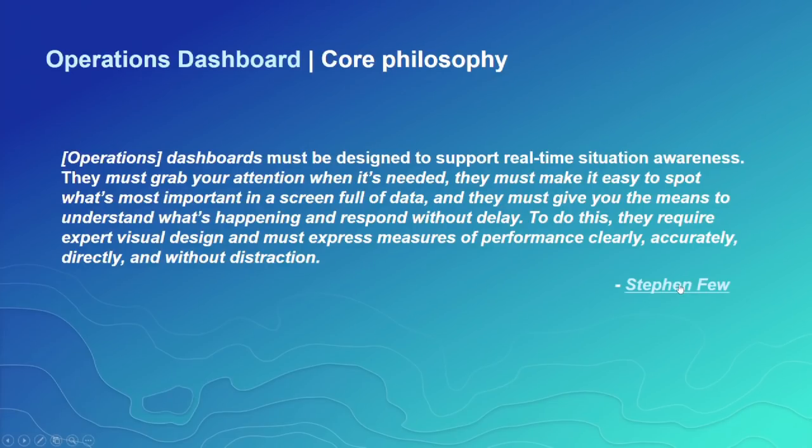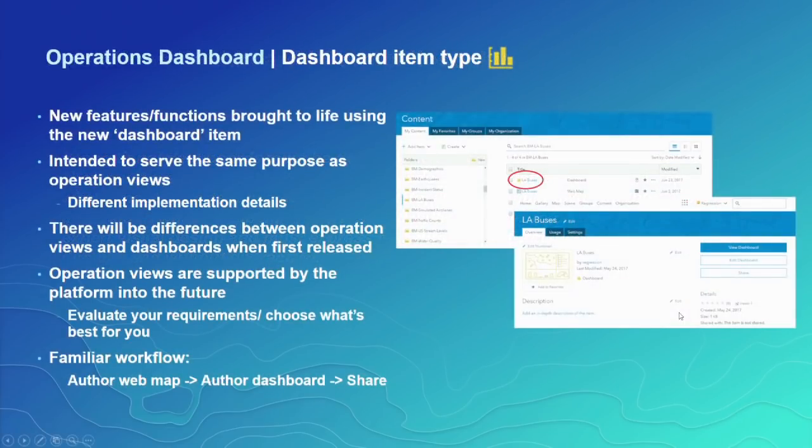So the way that we're bringing all of these new ideas to life is through a new item type in your ArcGIS organization. What Chris demonstrated is the creation and consumption of what's known as an operation view. But as part of your ArcGIS organization now, there is a new item type called dashboard. And just so you know, they've actually been part of your ArcGIS organization since March.